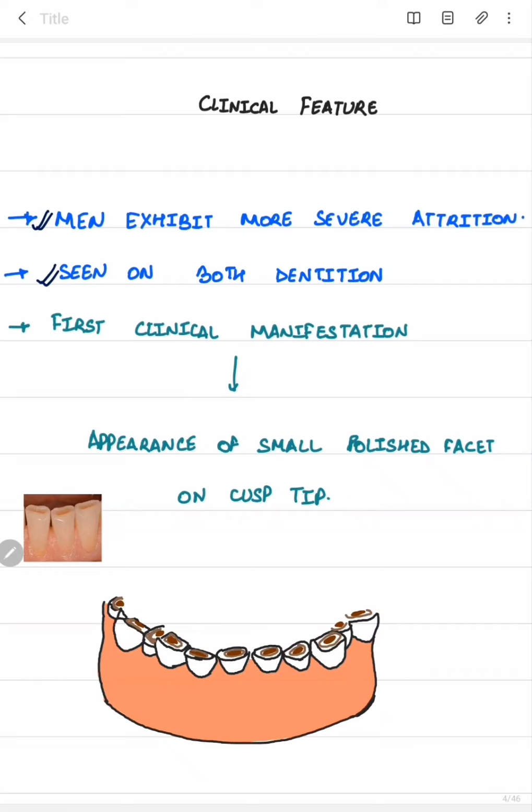The first clinical manifestation of attrition is the appearance of small polished facets on the cusp tips, or slight flattening of the incisal edges, as you can see in this picture.